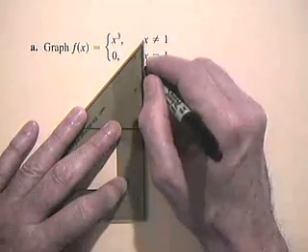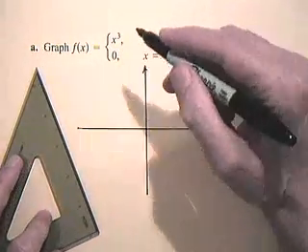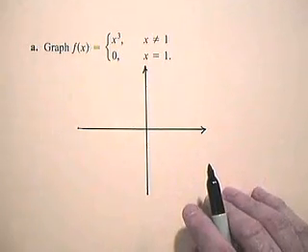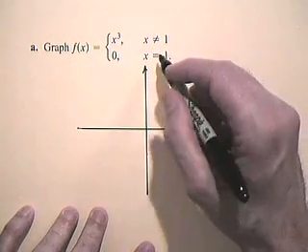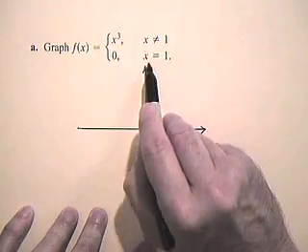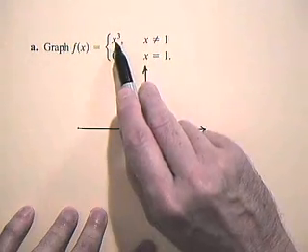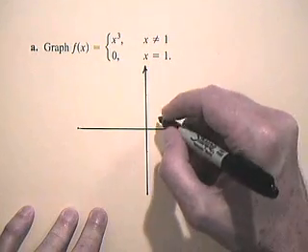And we recognize this expression x cubed right off as our cubic curve. And in effect, what's happened here is, notice when x equals 1, 1 cubed is 1. So we've removed the point 1 comma 1 from the cubic curve.